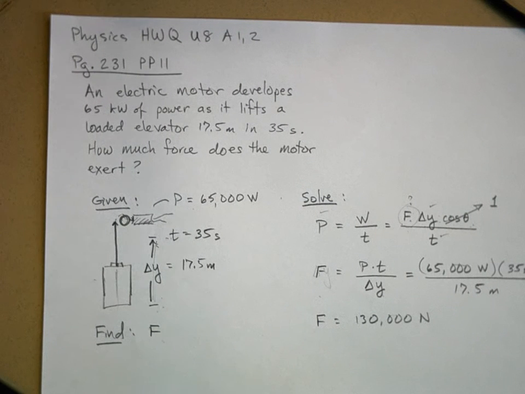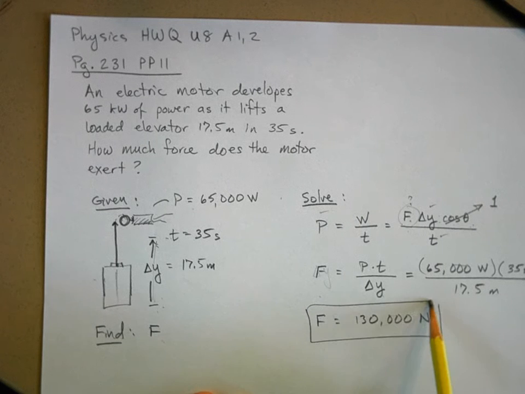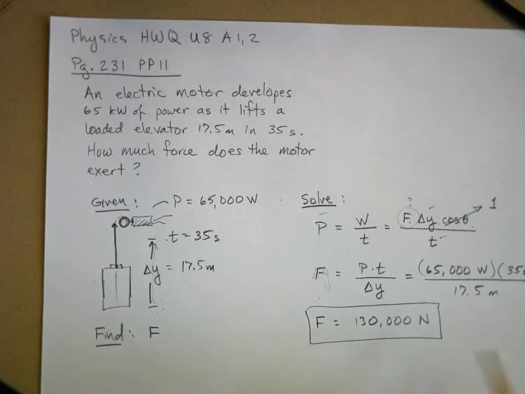Or you could have put 130 kilonewtons or whatever in there. Or you could have put 1.3 times 10 to the 5. You could put that in scientific notation.